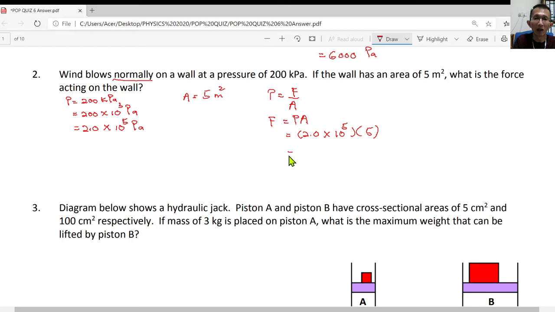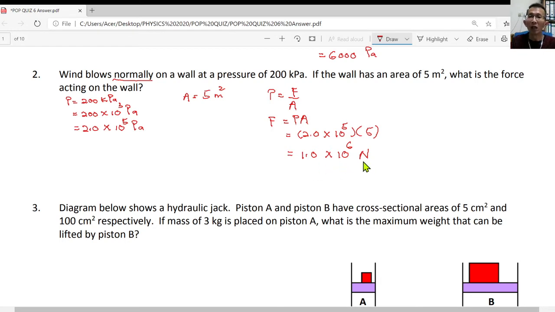Then you should be able to get 1.0 times 10 to the power of 6 Newton. We can also put this in terms of mega Newton, because 10 to the power of 6 is mega. So it's 1 mega Newton.